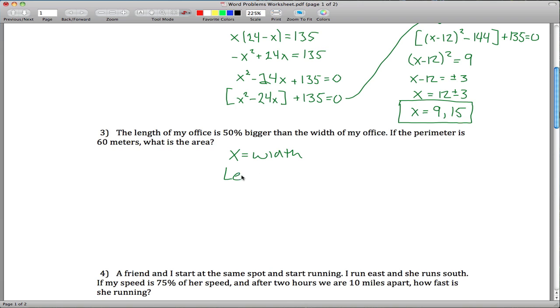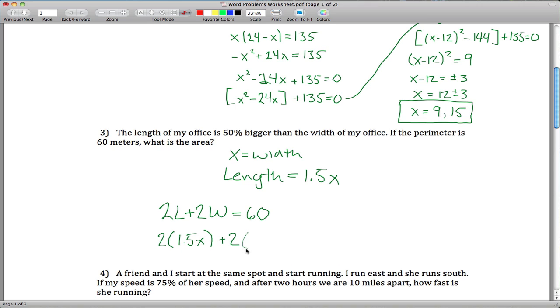So the length is 1.5 times x. If the perimeter is 60 meters, the perimeter is twice the length plus twice the width equals 60. But we know that the length is 1.5x. So 2 times 1.5x plus 2 times the width, x, has to be 60.